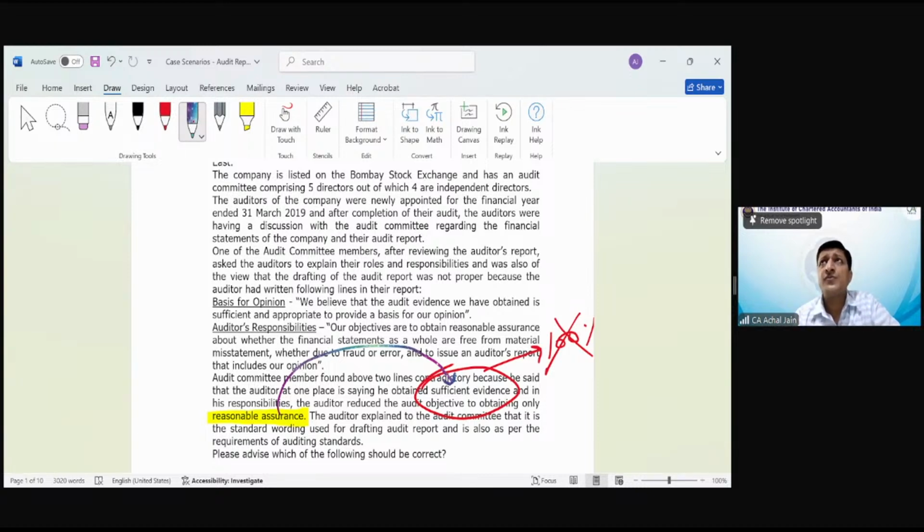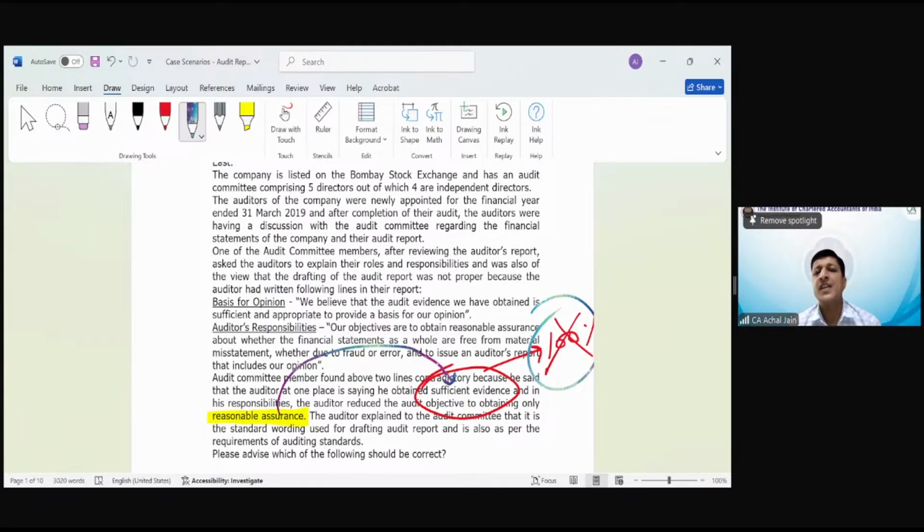And that's why he asked for, let's suppose, 20 documents out of 100. His objective was never to check 100. So one should not assume the objective of audit is 100% checking.